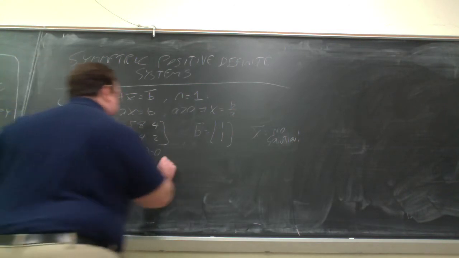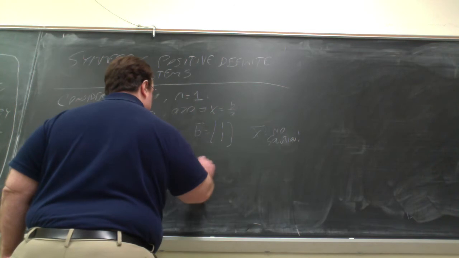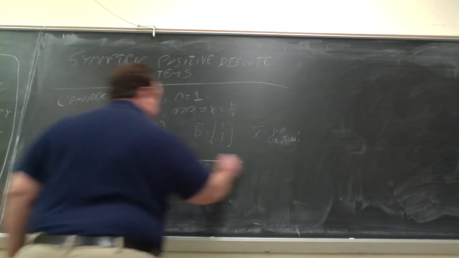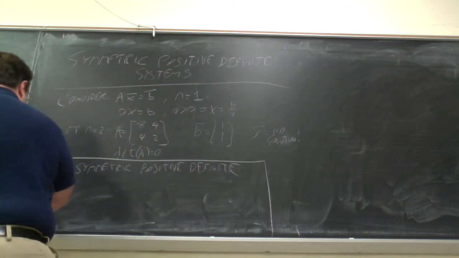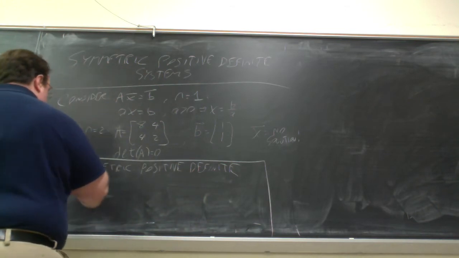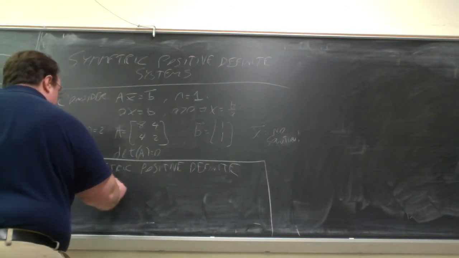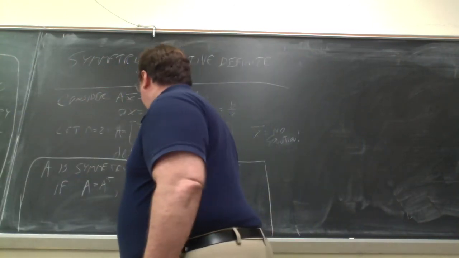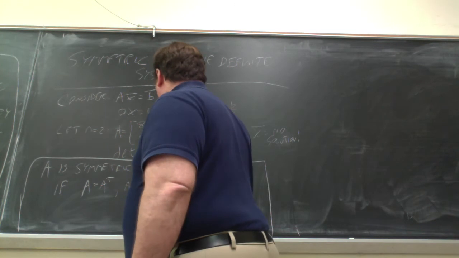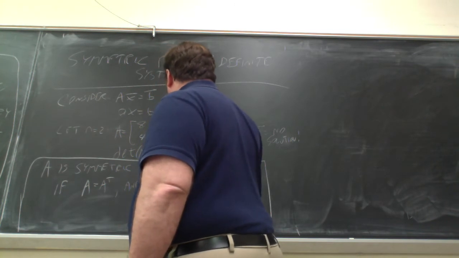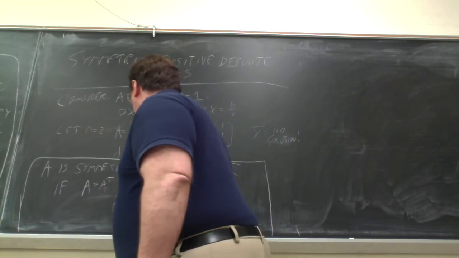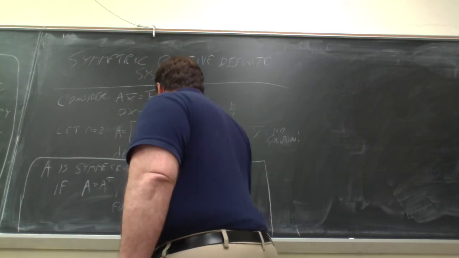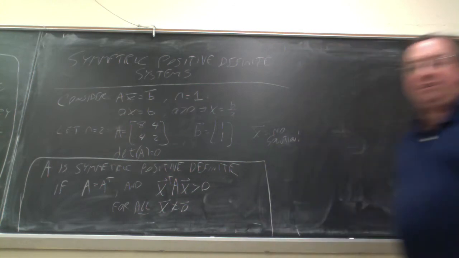A is symmetric positive definite if, well, of course, A has to equal A transpose for it to be symmetric. But the positive definite part is x transpose Ax must be strictly positive for any non-zero vector x.